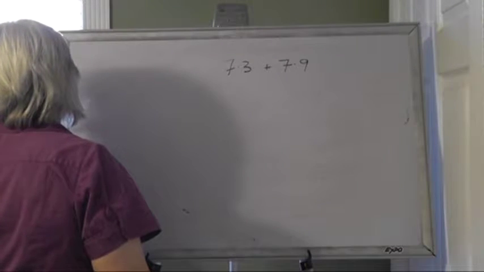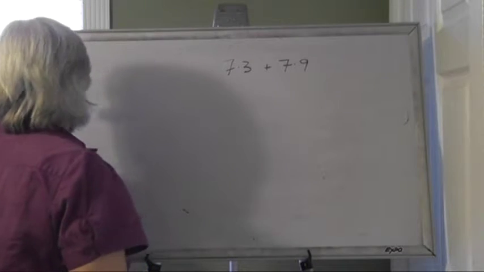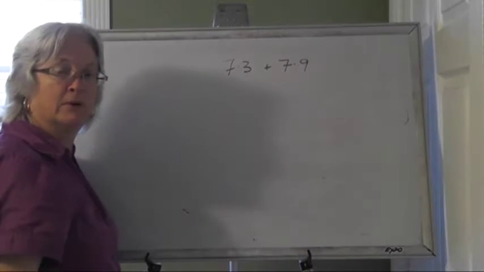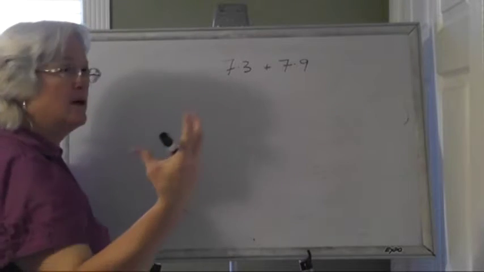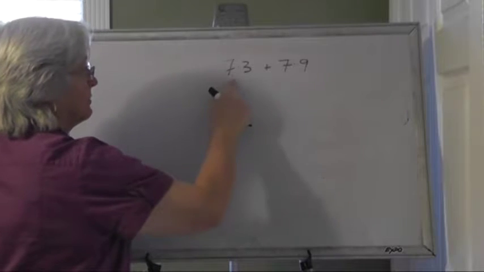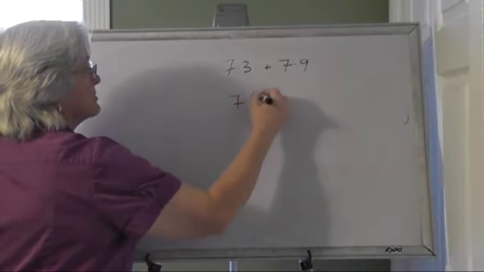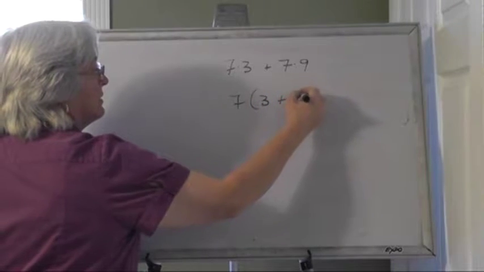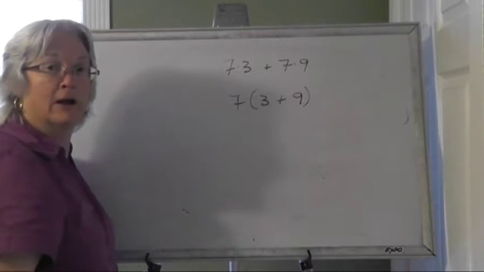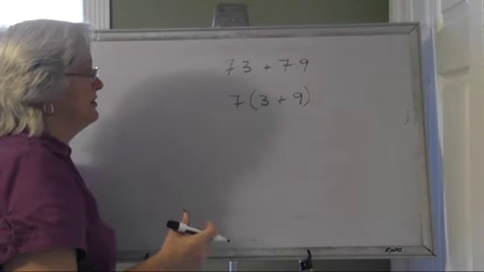But the question says to write an equivalent expression using the distributive property, and this is where you have to be able to go backwards. We've got the same thing multiplied together. 7 times the quantity 3 plus 9 is what they want you to do.